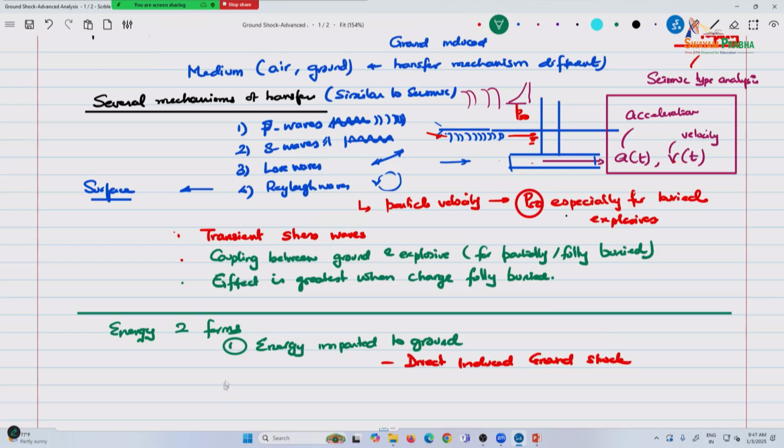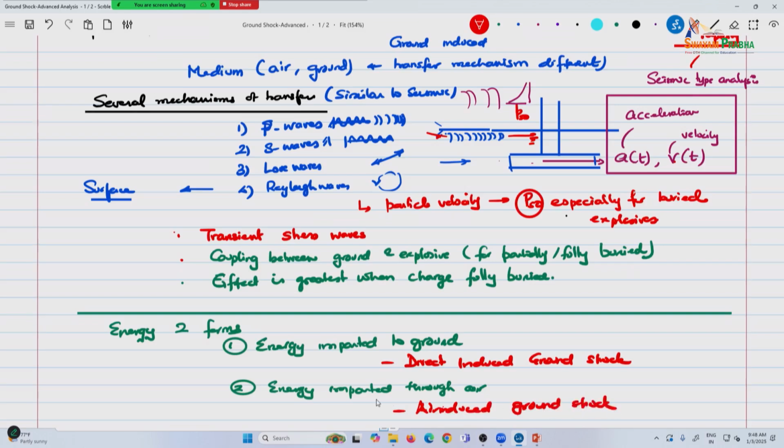And secondly, you have the energy imparted through the air. This is air induced ground shock. We'll look at both of them.